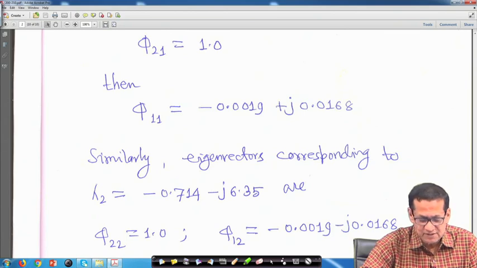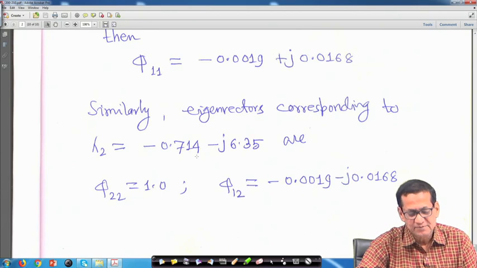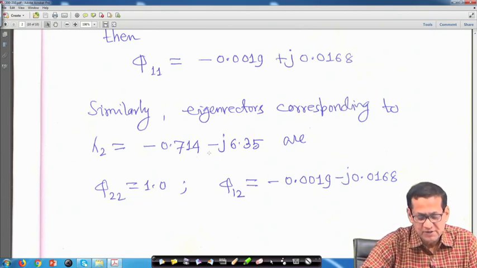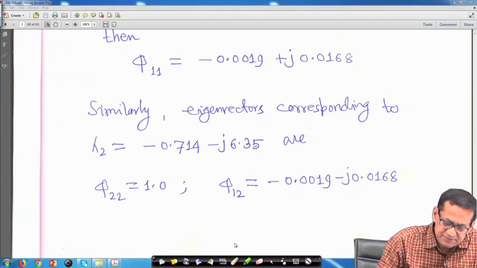Similarly, the eigenvector corresponding to lambda 2, that is the second eigenvalue, minus 0.714 minus j 6.35. That means here i is equal to 2.